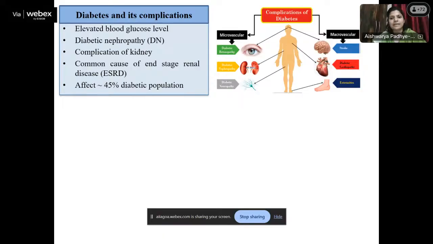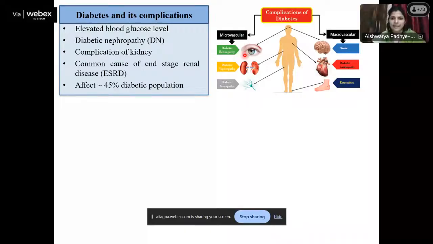There are macrovascular and microvascular complications. In case of macrovascular complications, the major arteries get affected, causing stroke, diabetic cardiomyopathy, or affecting the extremities of the body. Whereas in microvascular complications, the small arteries are damaged, leading to diabetic retinopathy and diabetic nephropathy.